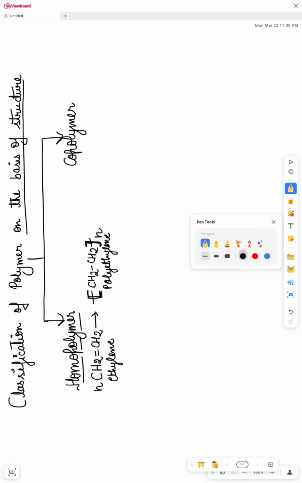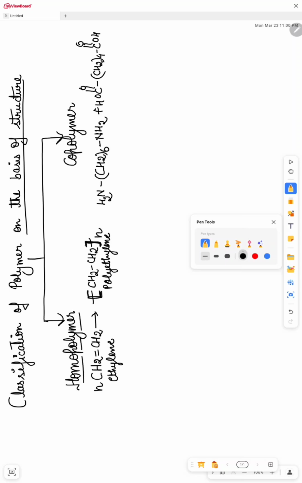What is a copolymer? If two different monomers are joined together. One is hexamethylene diamine. Hexamethylene: 6 carbons, 6 methylenes, and diamine: one NH2 here and another NH2 this side. This is hexamethylene diamine, plus adipic acid. What is the structure of adipic acid? (CH2)4 with COOH and COOH.